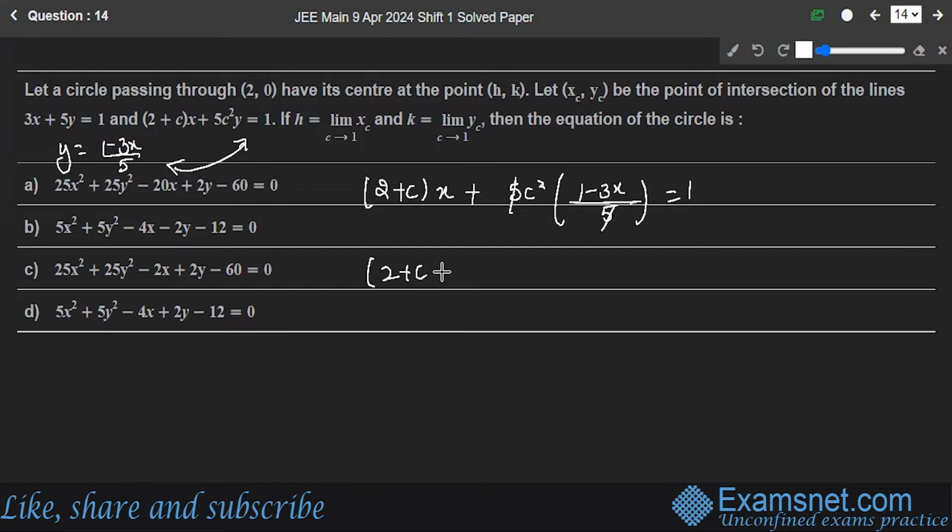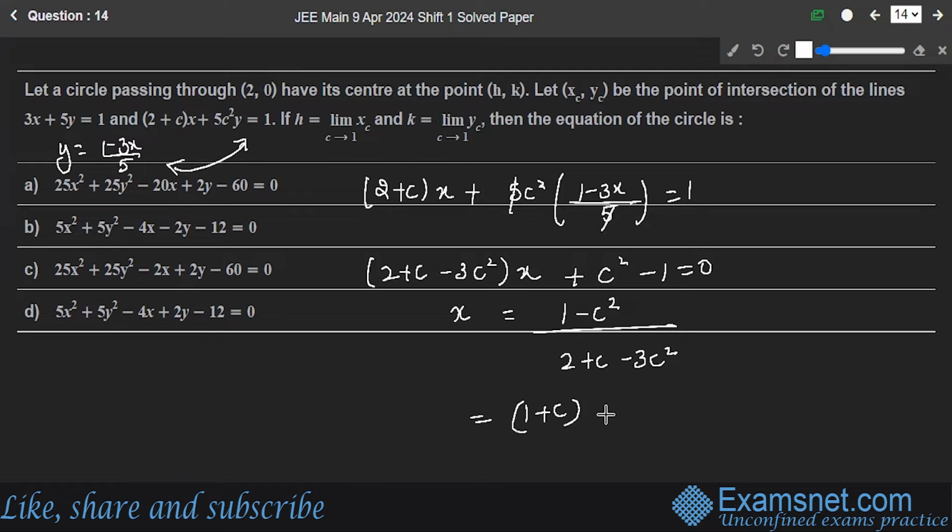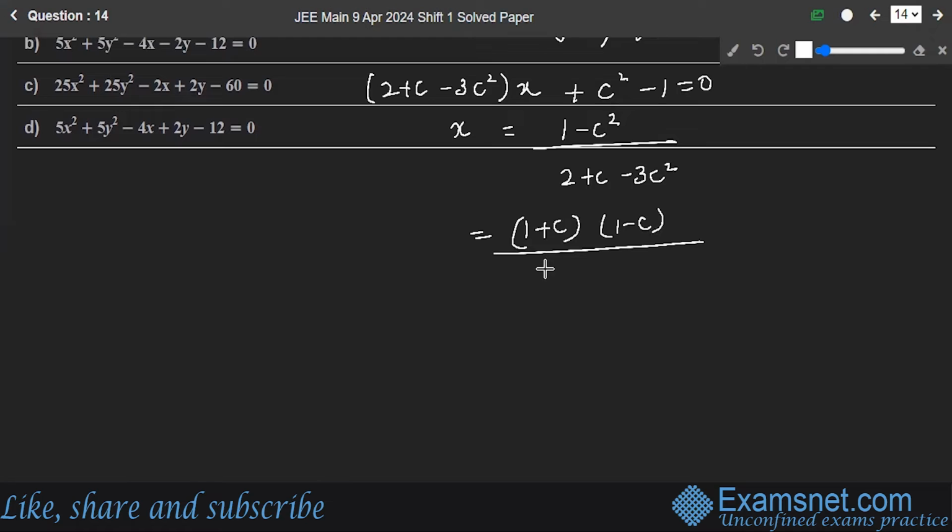You will have (2 plus C minus 3C squared) into x, plus C squared minus 1 is equal to 0, or x will be equal to (1 minus C squared) over (2 plus C minus 3C squared). This will be equal to (1 plus C) into (1 minus C) whole thing divided by the two factors, (1 minus C) and (3C plus 2), or this will be equal to (C plus 1) upon (3C plus 2). Right, this is your value of x.